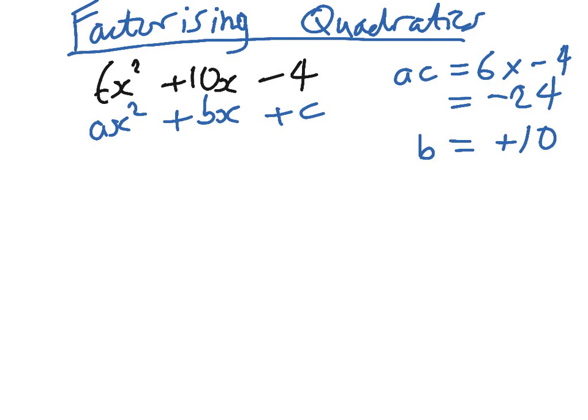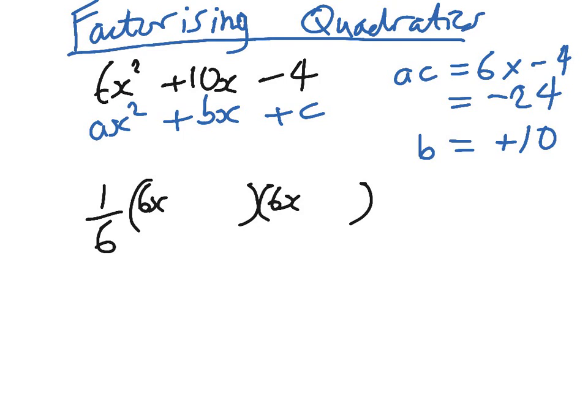Now to start off, as usual, we're going to need our double brackets, but for this particular method, we're going to put in front of these brackets 1 divided by 6, which is the a in this case. And then inside both of the brackets, we're going to put 6x and 6x.